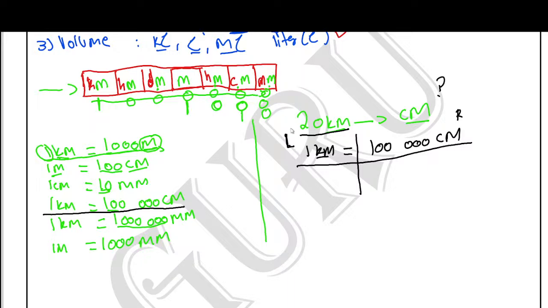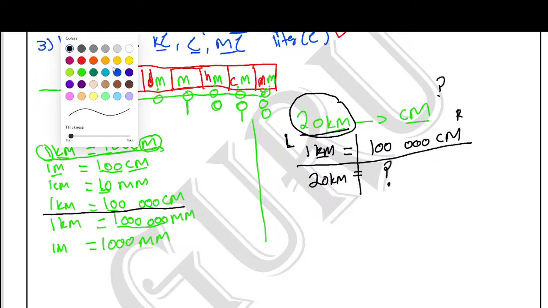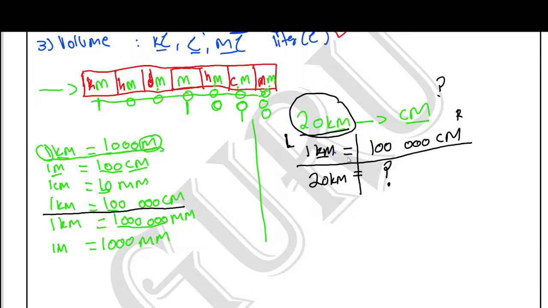So what are you going to do? You take this 20 kilometers the way it is, and write it here. You say 20 kilometers is equal to, how much? It is unknown. You don't know how much 20 kilometers is in centimeters. Then what do you do? You cross multiply.